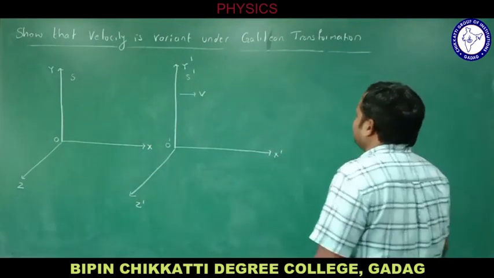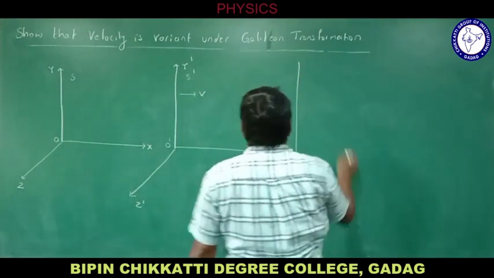Show that velocity is variant under Galilean transformation. Let me begin with the derivation.